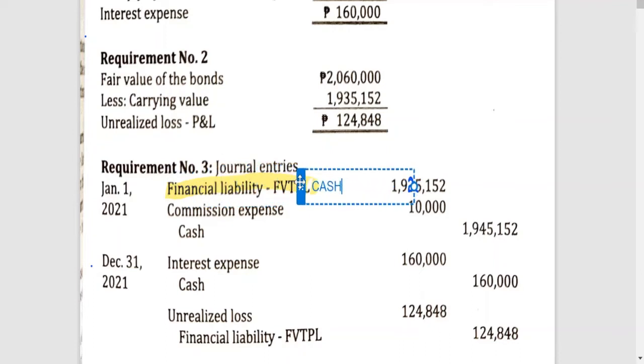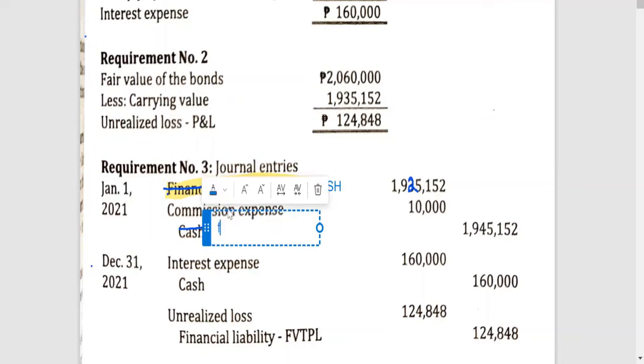Because if we're going to debit the financial liability, that's going to extinguish it. So we have nothing to extinguish because this is the initial entry. Okay? And this one, of course, this should be the financial liability.